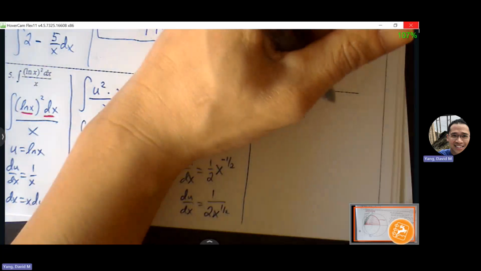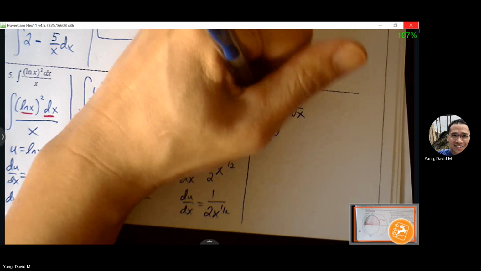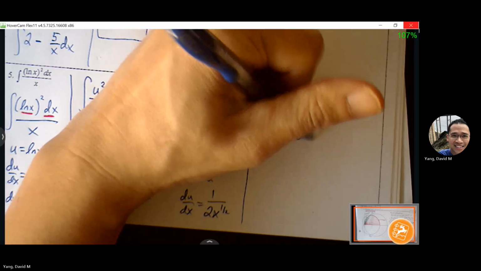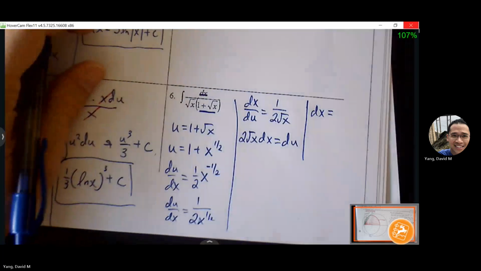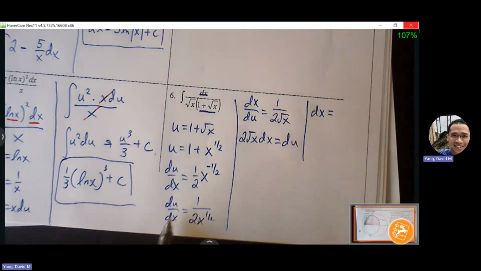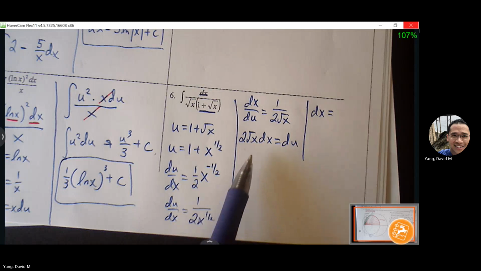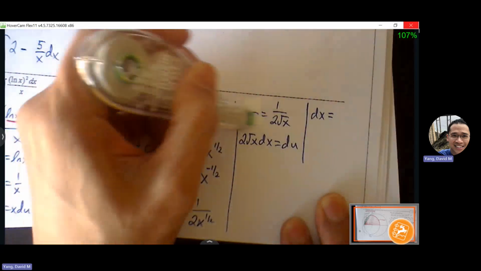Okay, cross multiply. Oops, 2x. I'm sorry. I completely wrote this whole thing wrong here. My bad.